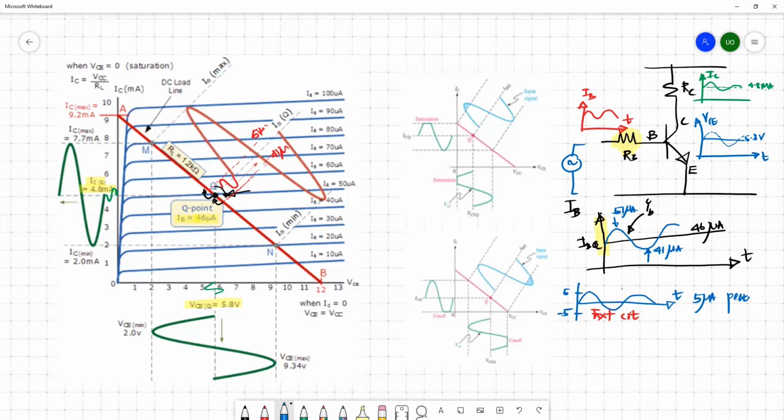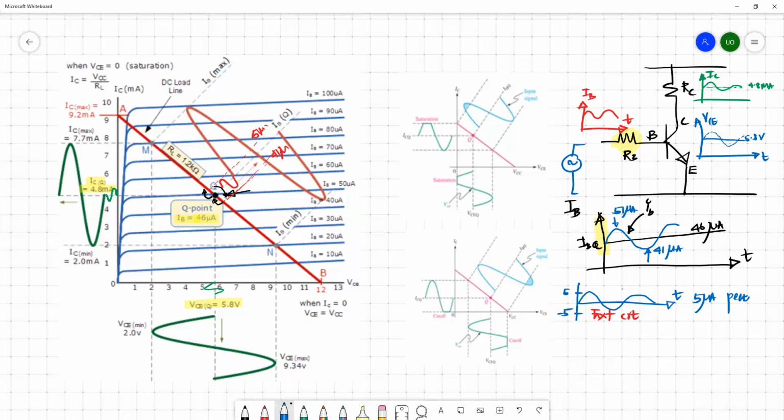By looking at this set of figures, you can see that if you input a 5 microampere peak current to the base, you end up with a heavy current gain.